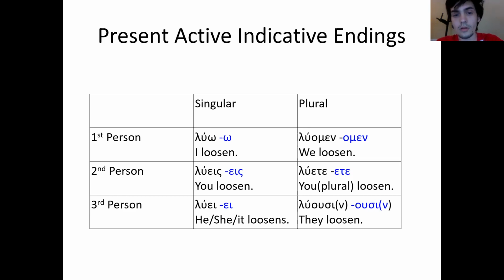Second person plural, you all, is luete, with the epsilon, tau, epsilon. Third person singular is epsilon iota, he, she, it loosens. And luousin is they loosen.